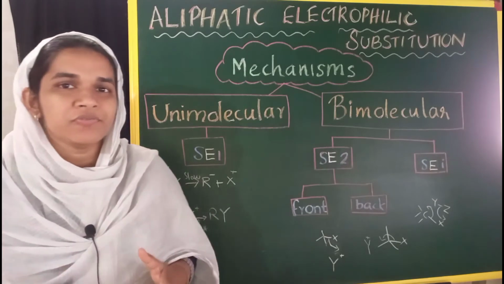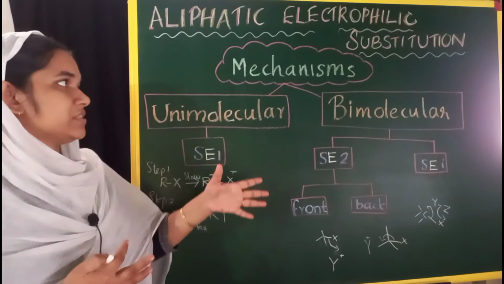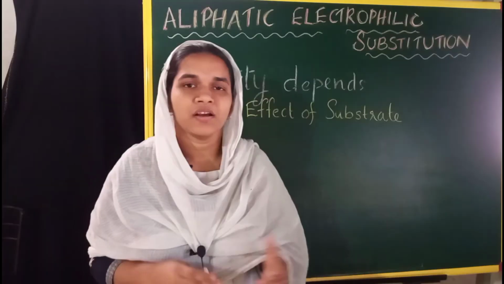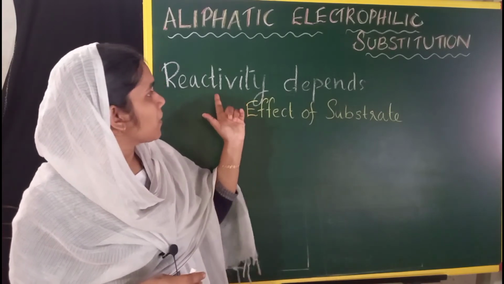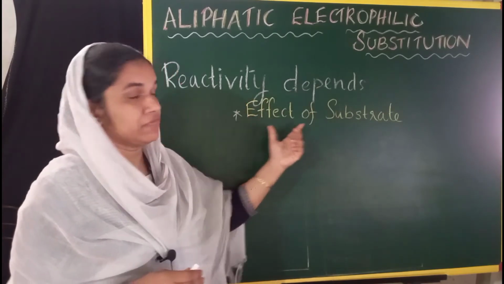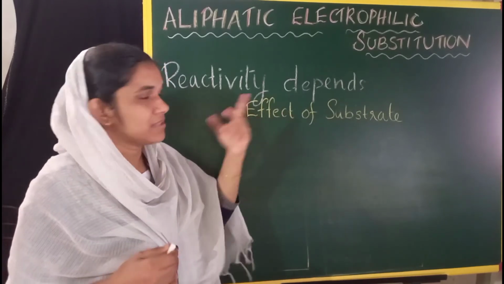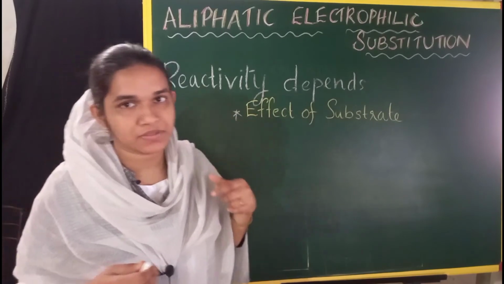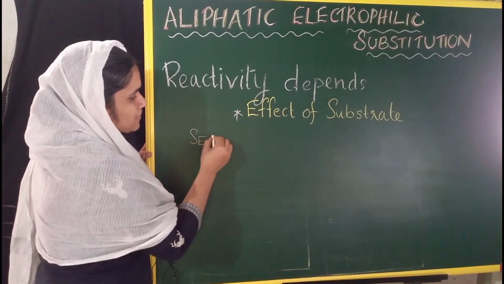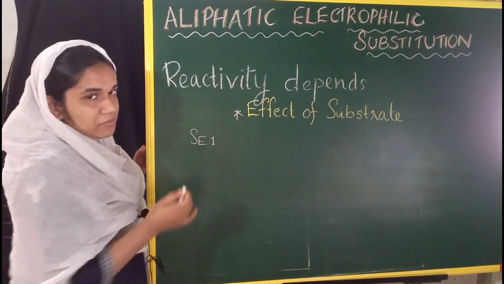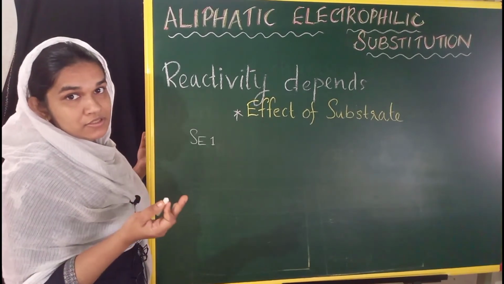Now we are moving on to the factors affecting the reactivity of this kind of reaction, that is, factors affecting electrophilic aliphatic substitution. The reactivity depends upon the effect of the substrate, the leaving group, the solvent, etc. Let us begin with the effect of the substrate. In the case of the SE1 mechanism, we know that it is an ionizing mechanism, so a carbanion is formed.